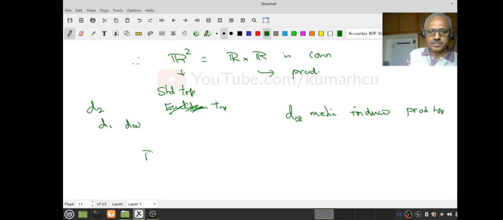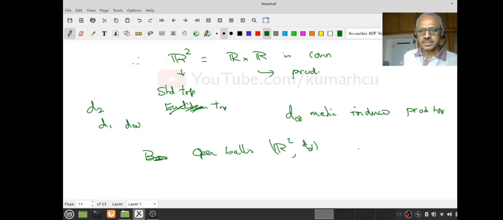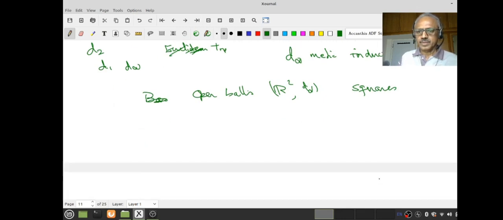Because the bases, the open balls in R^2 with the D infinity metric are squares, right? You have a point (a, b), then this will be a minus r to a plus r.